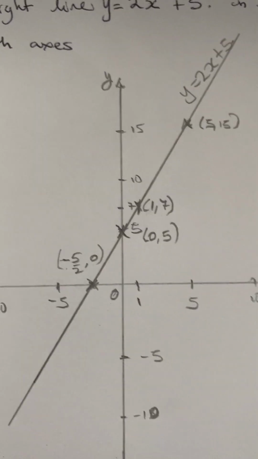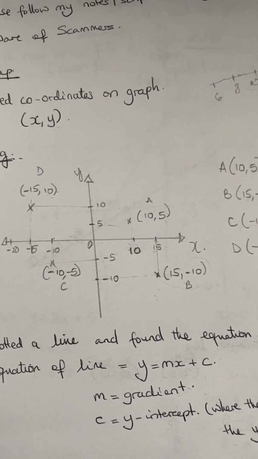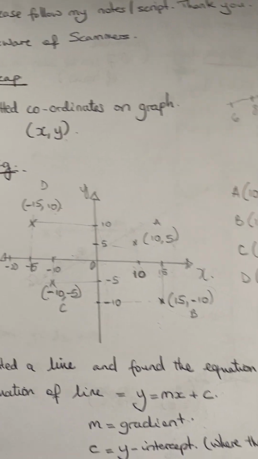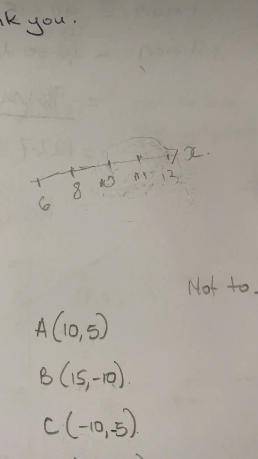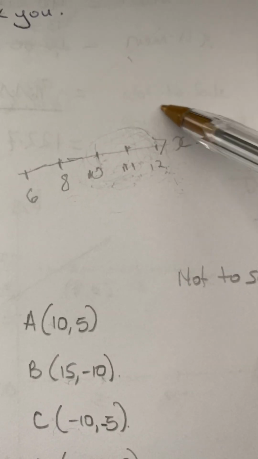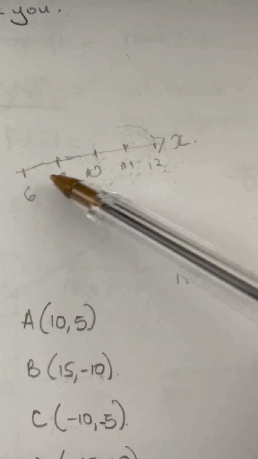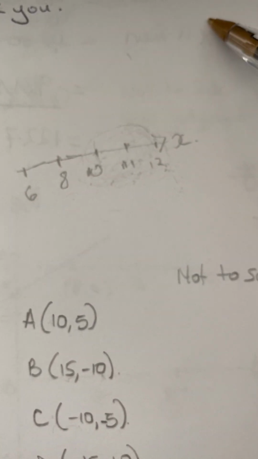So what have we basically done today? We've done a recap of plotting coordinates. I've tried to emphasize the need to do equal intervals, otherwise you don't get the line accurately.